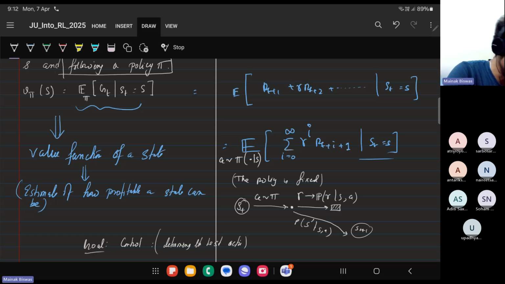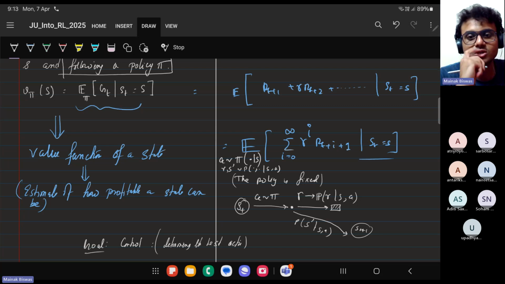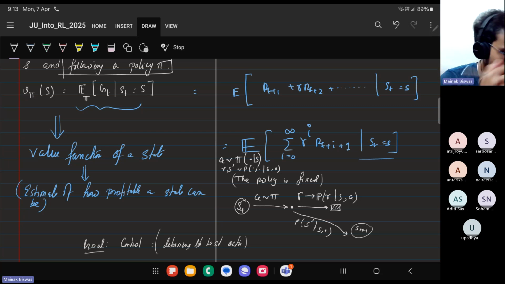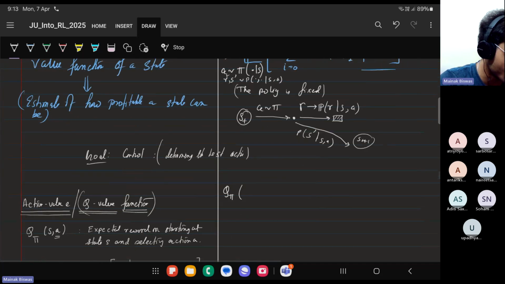So R comma S prime is distributed as dot comma dot given S comma A. These two are the stochastic distributions that are available, and you will take the expectations over them, over all T's. We'll come to how to generalize it, but the idea is very clear. You start from a state, take actions based on pi, observe the environment, and just keep adding the rewards, Monte Carlo based. We'll see how to do it mathematically in some time.